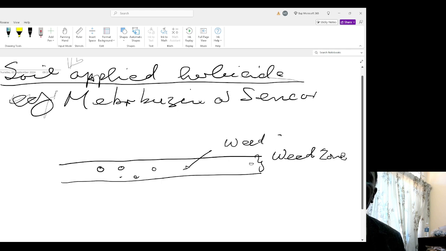Weed seeds. Here we've got the soybean seedling.